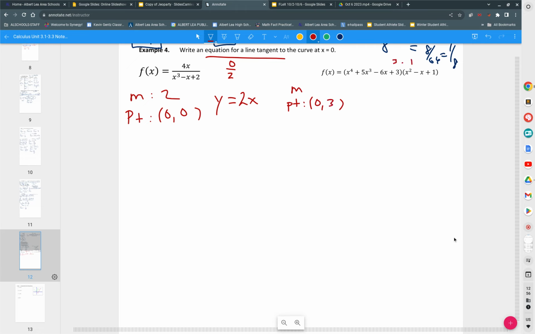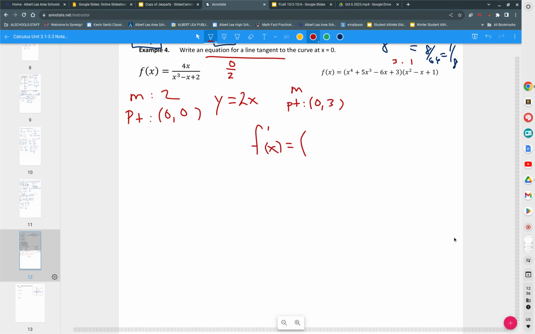Very good. Nice job. Need to use the product rule. Some people at this point actually start multiplying out all of those terms. So they get like 12 terms, and then they combine like terms, and then they find the derivative after that. Don't do that. Just take the derivative.